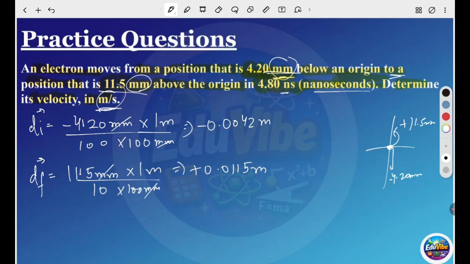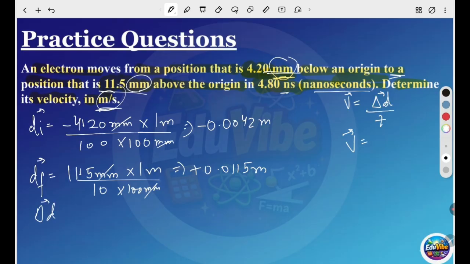But we want delta d for this, because the velocity is delta d upon time. Delta d is final minus initial, so delta d is equal to the final displacement minus the initial displacement.